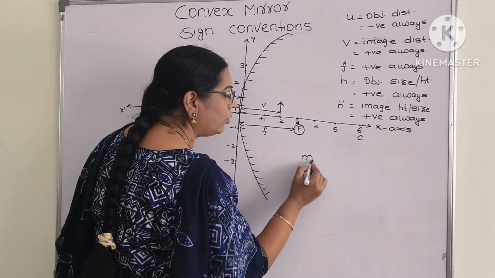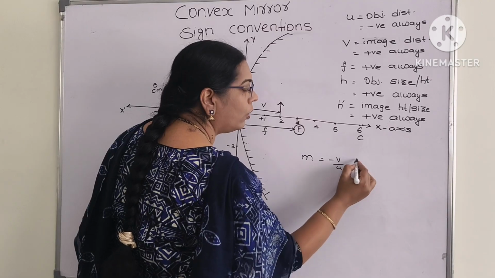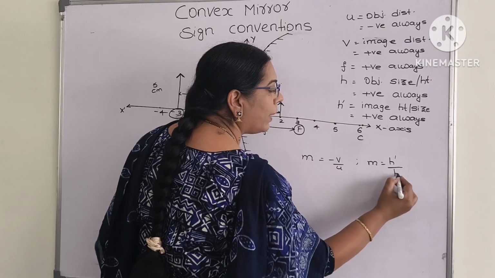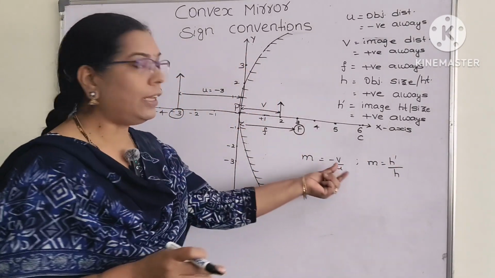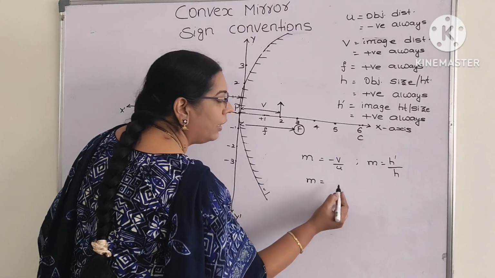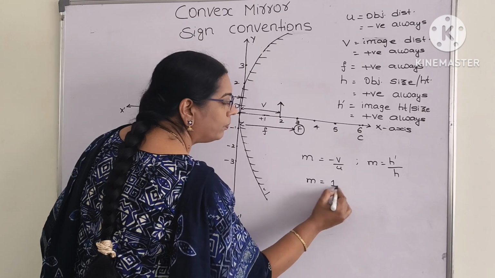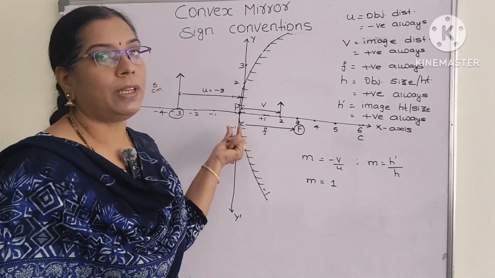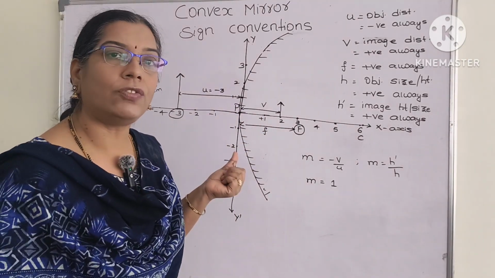Now let us learn a few things about magnification. Magnification, children, has two formulae: m equals minus v by u, and m equals h prime by h. On solving any of these, if you get a value of 1, can a convex mirror give an image that is exactly the size of the object?